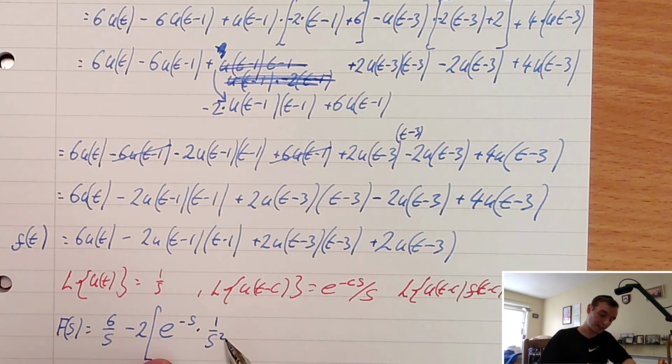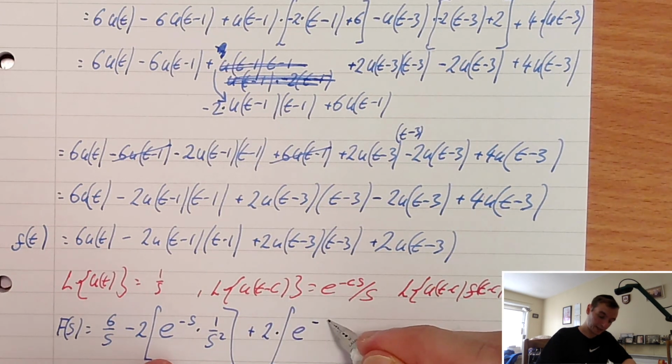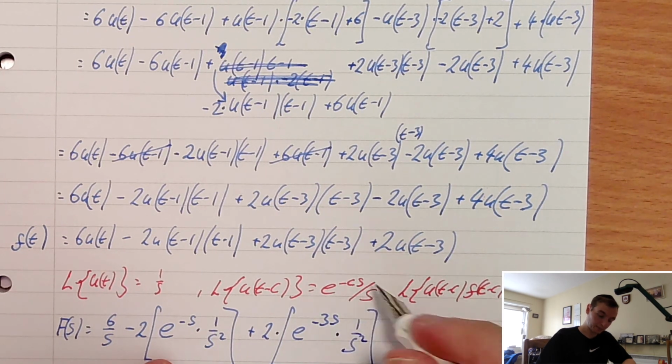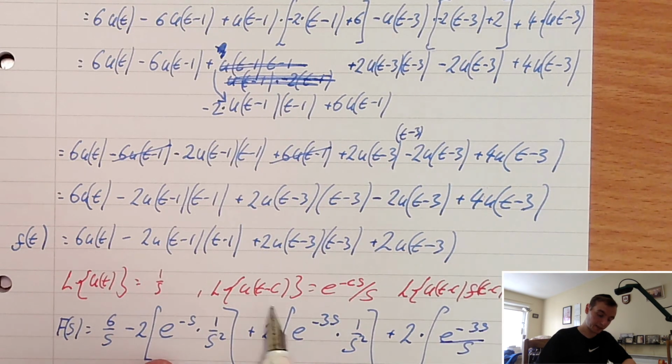So that's going to be 1 on s squared, plus 2 times e to the minus 3s times 1 on s squared again, plus 2 times u(t minus 3), so that's going to be e to the minus 3s on s, using this transform over here.